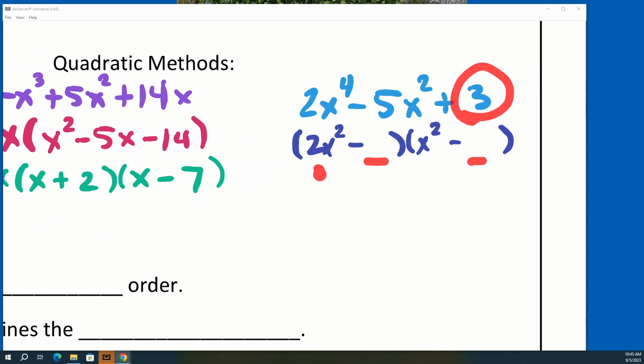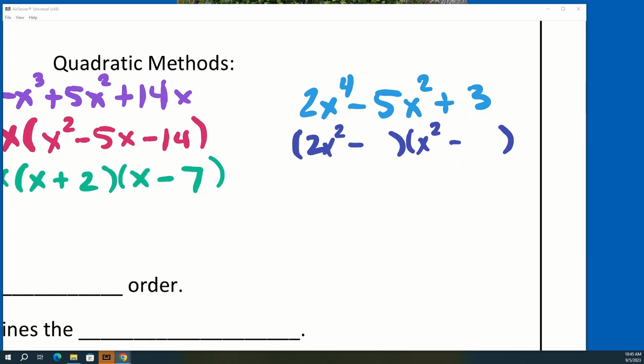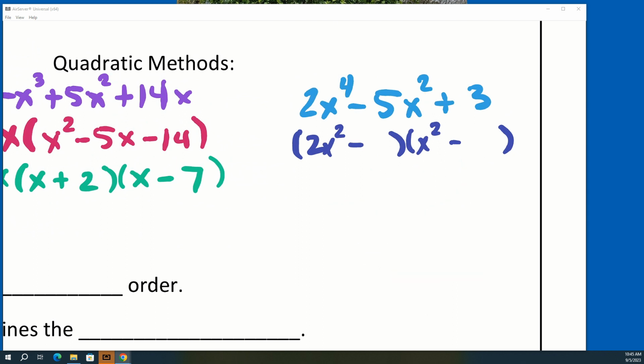There's only 2 choices. It's going to be 1 and 3, one way or the other. And then when I do this and this multiplication, that's going to add to give you negative 5x squared. So take a second and try to figure out where you put the 1 and where you put the 3.